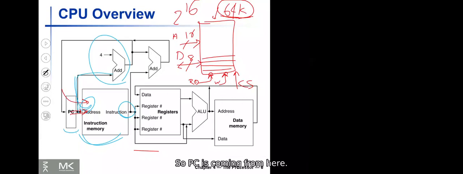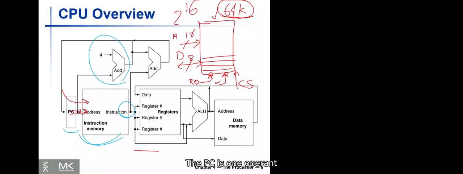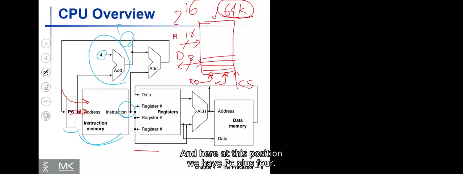So PC is coming from here. You remember? This is PC. So the PC is one operand of the adder, and the other one is 4. So PC gets added to 4, and here at this position, we have PC plus 4.